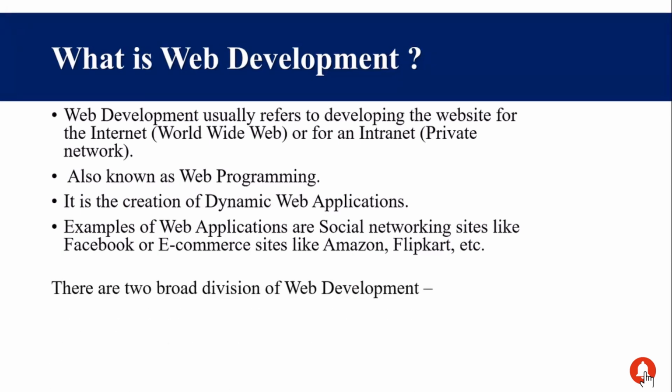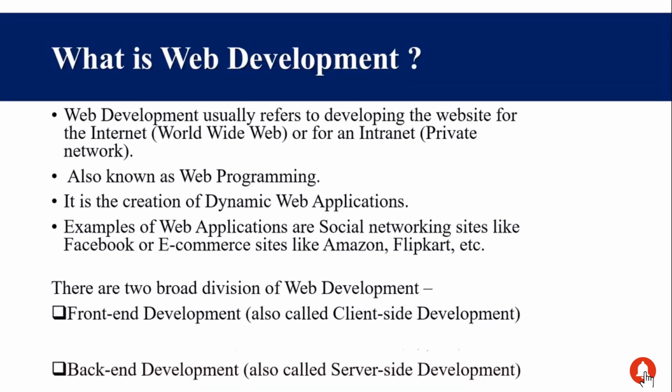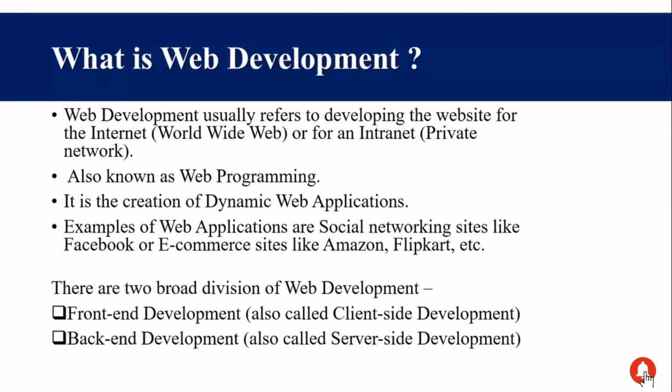There are two broad divisions of web development. Number one is front-end development, also called client-side development. We will look at front-end in detail slowly and get to understand what it is. Then we also have back-end development, also called server-side development.